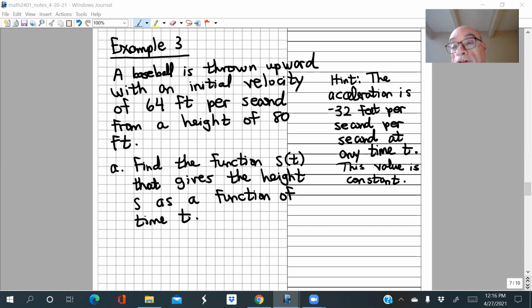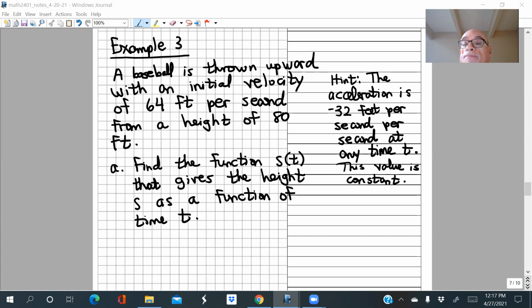Now, there's one other little hint you have to know about the baseball. When you throw objects up into the air on planet Earth, if you're ignoring wind resistance, we also know what their acceleration is going to be. Because this is how all objects ignoring wind resistance are going to behave under the Earth's gravity.